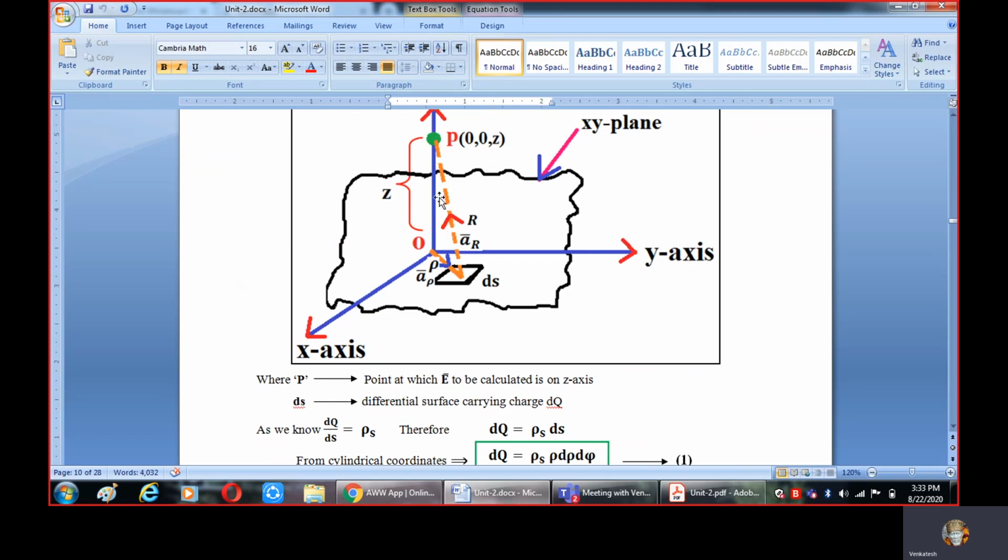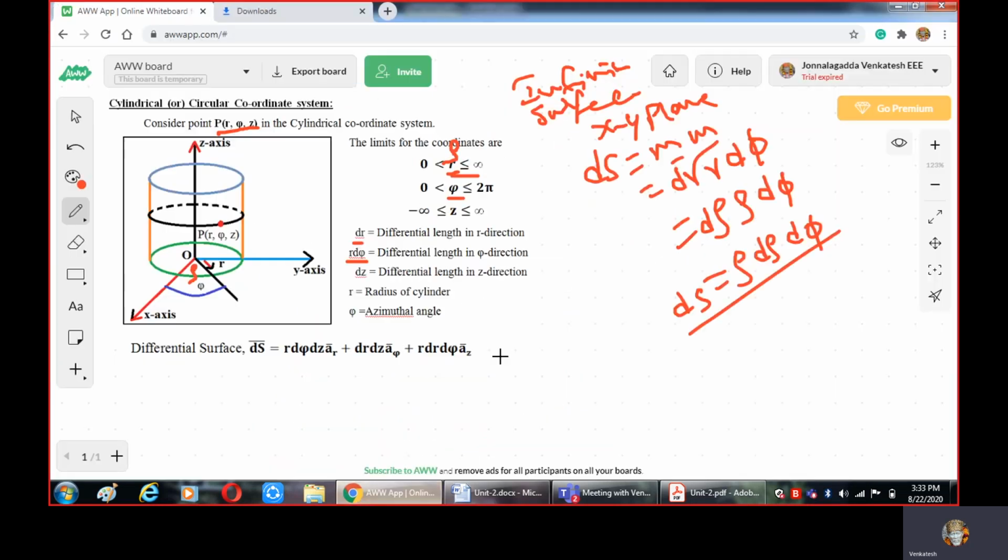I am drawing a right angle triangle like this. Here it is R bar and here it is dS, and from the origin to dS the distance is rho and the unit vector is a rho bar.